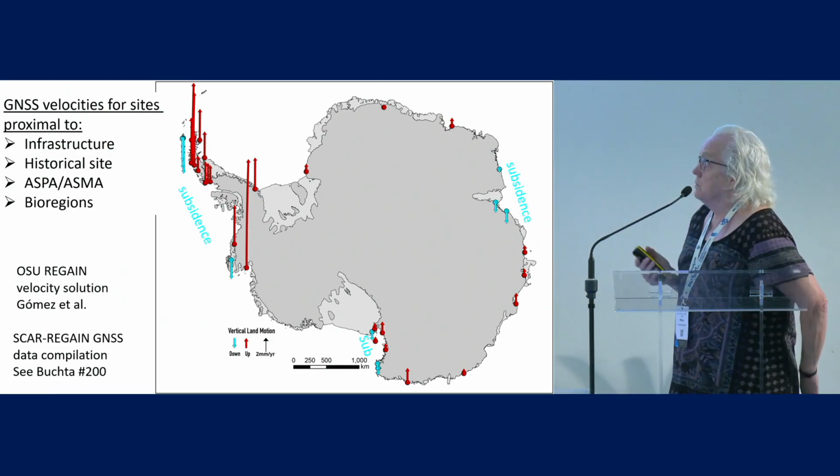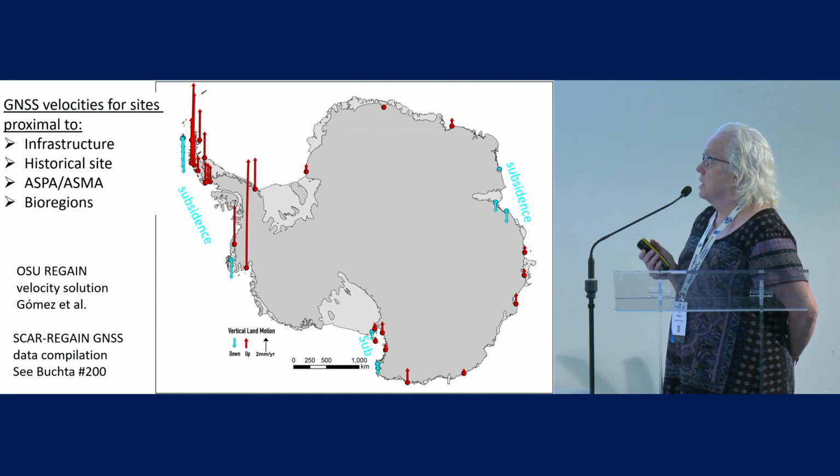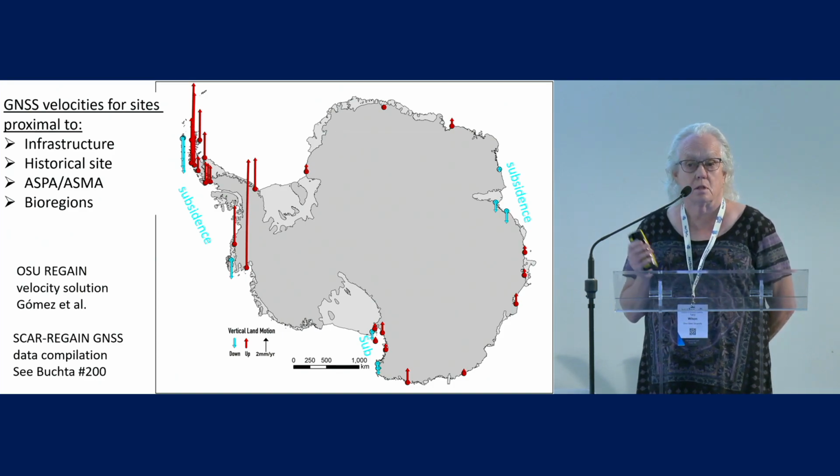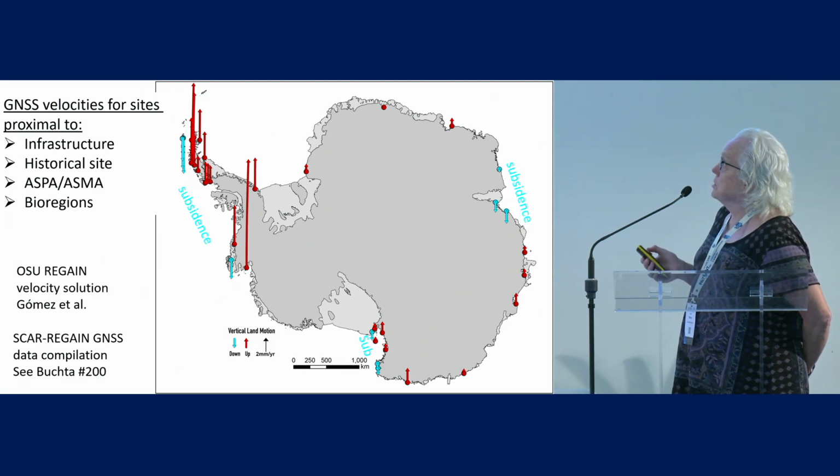So what we're doing is filtering that data to find sites that have robust histories that are in proximity to infrastructure, historical sites, specially protected areas, and critical bioregions of interest. Again, I'm just pointing out that some areas are going down.